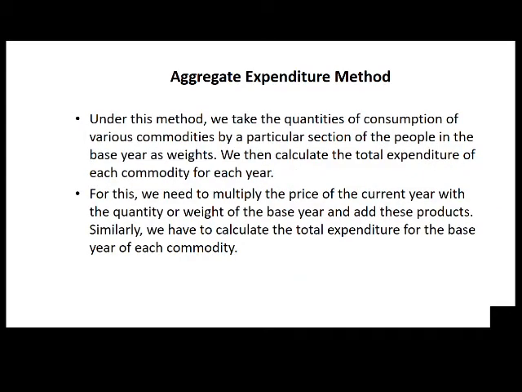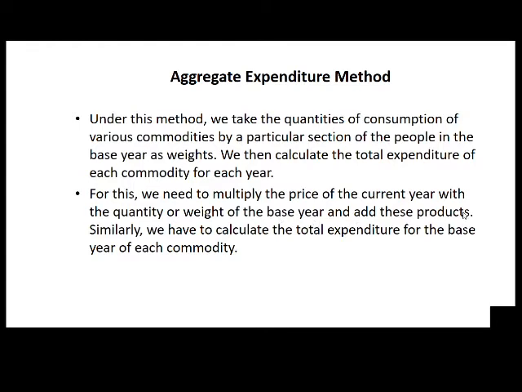Under this method, that means the aggregate expenditure method, we take the quantities of consumption of various commodities by a particular section of the people in the base year as weights. We then calculate the total expenditure of each commodity for each year. For this, we need to multiply the price of the current year with the quantity or weight of the base year.